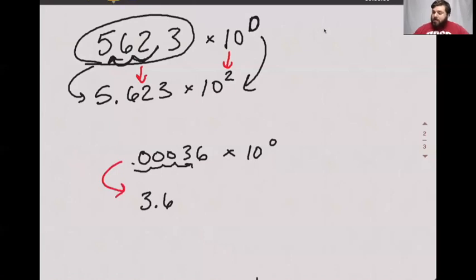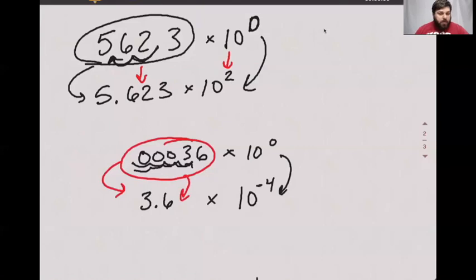That means I need to make this number small. The way to do that is a negative exponent. So 1, 2, 3, 4 places means I need to make that a negative 4. Remember, 10 to the negative 4 is 1 over 10,000. That's a small number, so that kind of balances out.